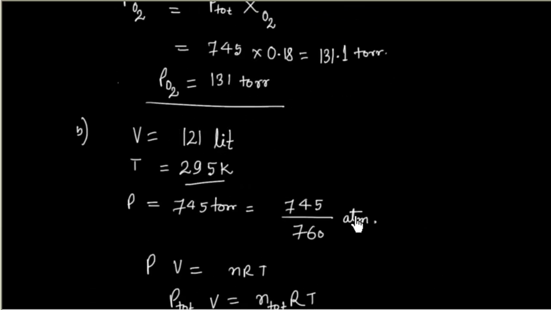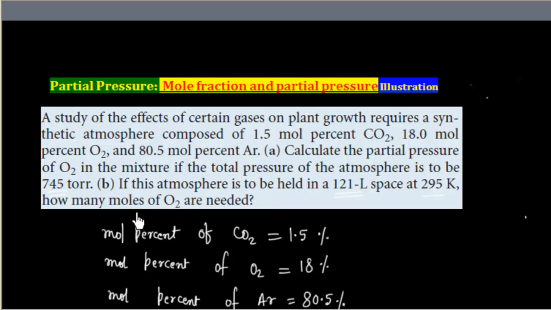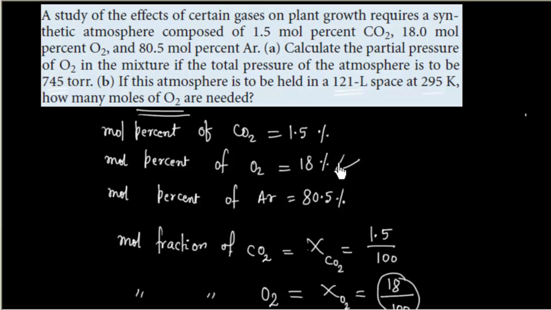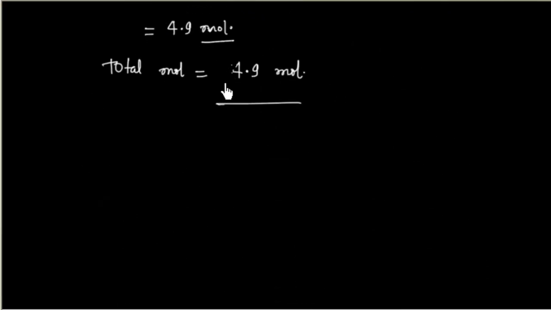Now we have to calculate the moles of oxygen. You see the problem here. We have to calculate how many moles of oxygen are needed, and oxygen is only 18% of the total moles. So the moles of oxygen is 18% of the total moles, which is 4.9 into 18%.